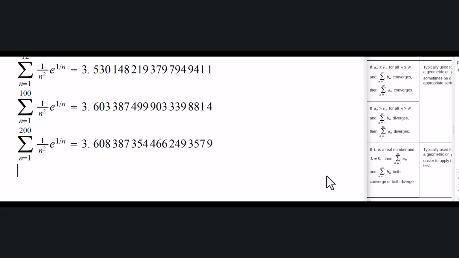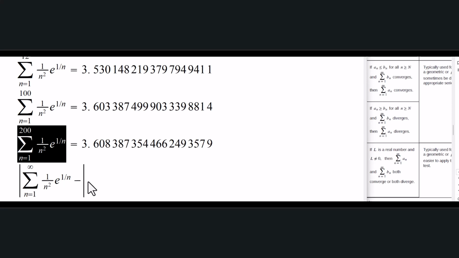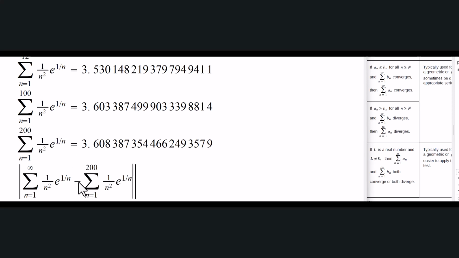Say we are adding only the first 200 terms of this sequence, and we want to find the remainder. What we mean by remainder is that this series is convergent, so it has a limit. Now, in case I stop only at 200 terms, then I'm losing all the remainder. So we want to estimate what that remainder would be.